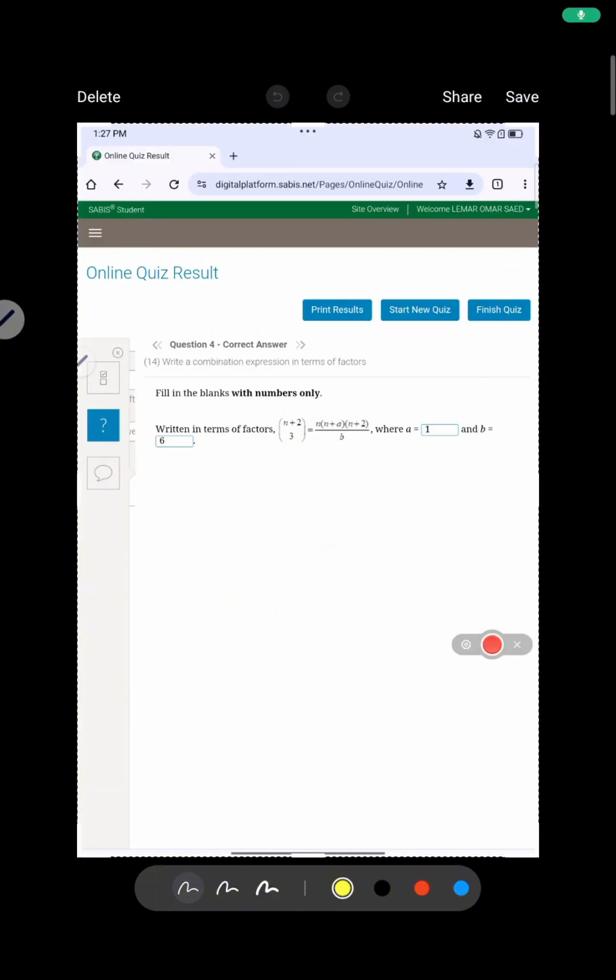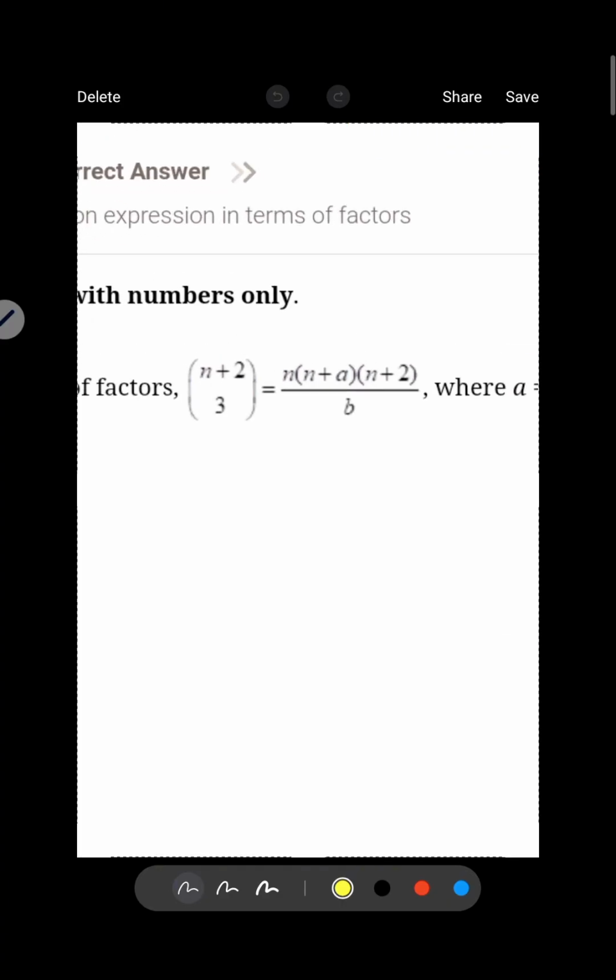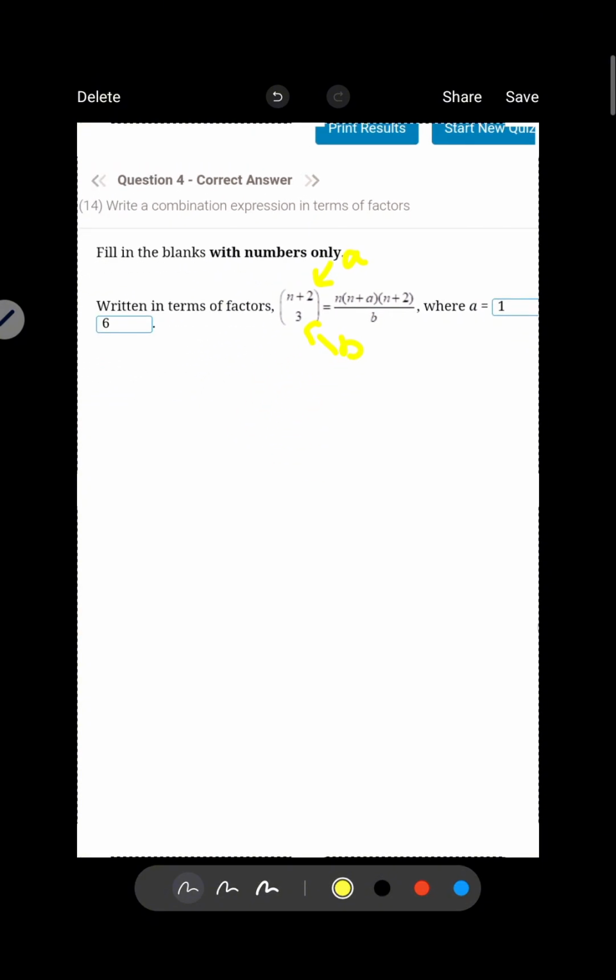Okay, so for question number 4, you have to do this. Now, look, there's this rule. Let's call this A, and let's call this B for now. Okay, so the rule says A factorial over B factorial times (A minus B) factorial. Okay, just keep this in mind.